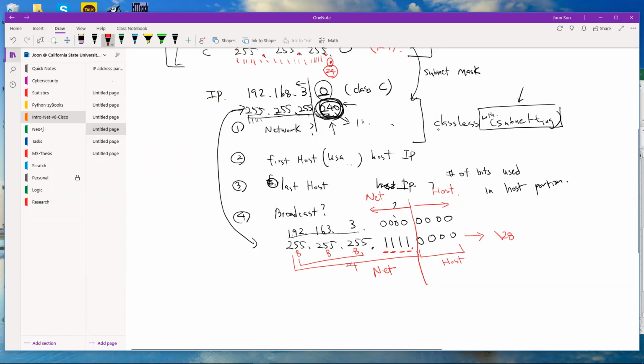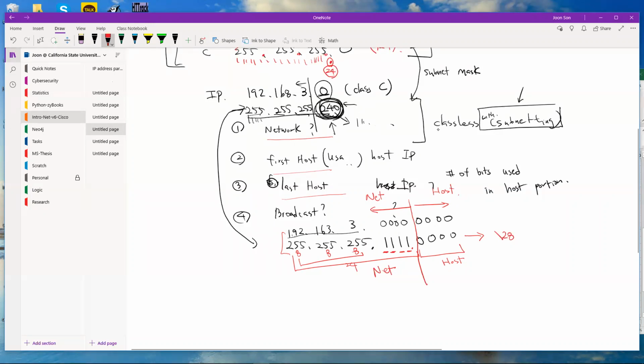From this, you should be able to tell me what the network address is, what the first host IP address is, what the last host IP address is, and what the broadcast IP address is. And then, of course, the number of usable host IP addresses for each network address.